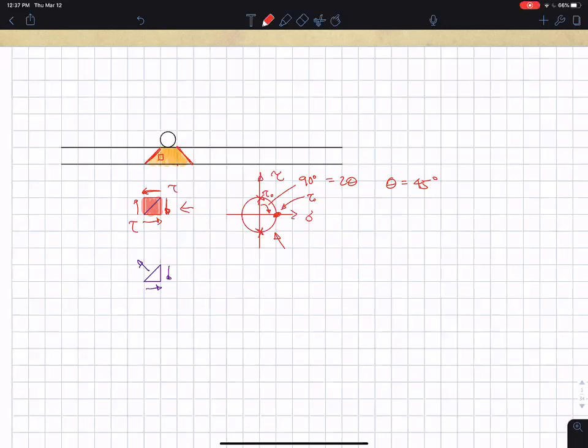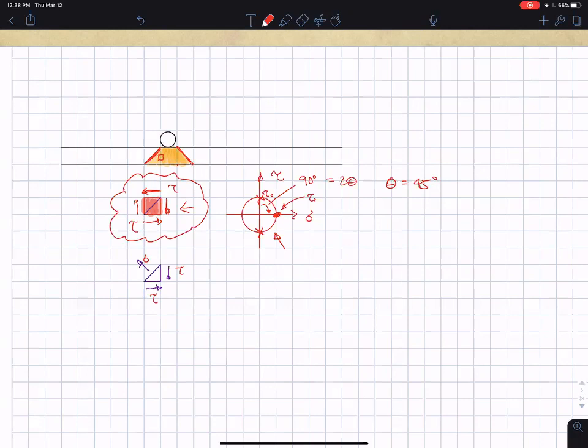And you can understand that by looking at this stress block here. So I've taken the lower triangle of that stress block, and I've drawn that. And you can see that those two equal shear stresses are pulling diagonally down and to the right.